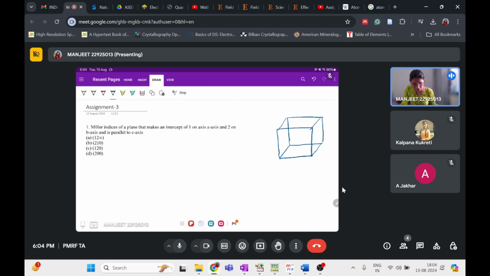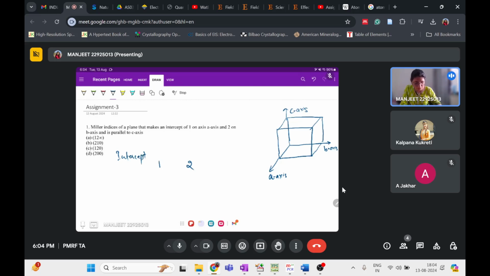If this is my a-axis, this is my b-axis, and this is my c-axis, it is defined here: the plane has intercept 1 on the a-axis, 2 on the b-axis, and is parallel to the c-axis, so the intercept is infinity.